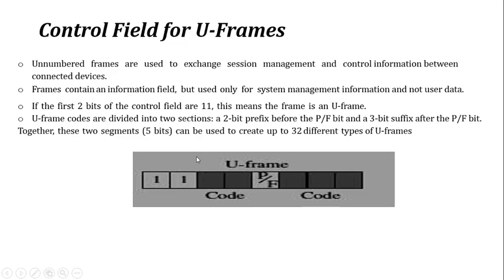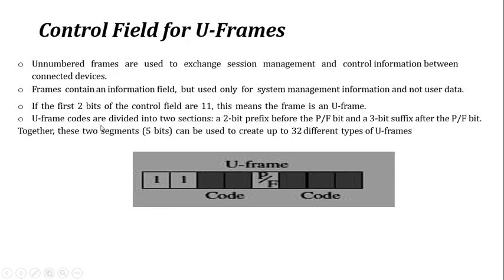Then the control field for the U frame. Unnumbered frames are used to exchange session management and control information between connected devices. These frames contain an information field, but it is used only for system management information and not user data. If the first 2 bits of the control field are 1, 1, this means the frame is a U frame.